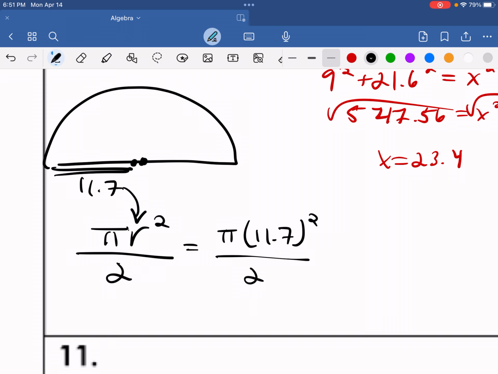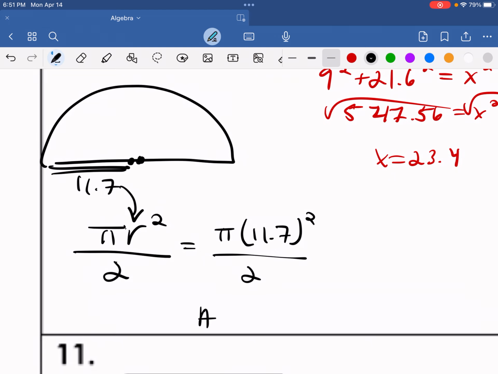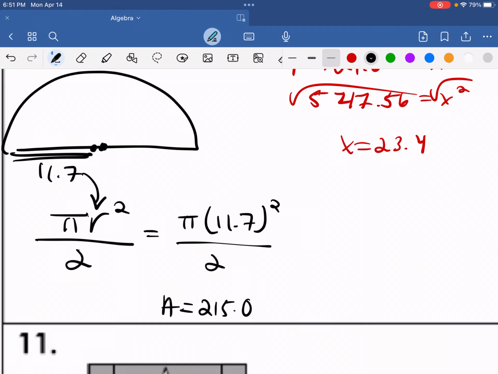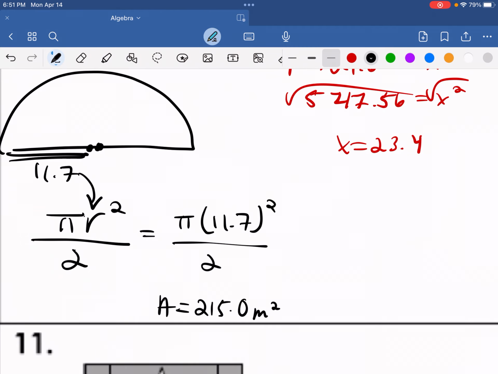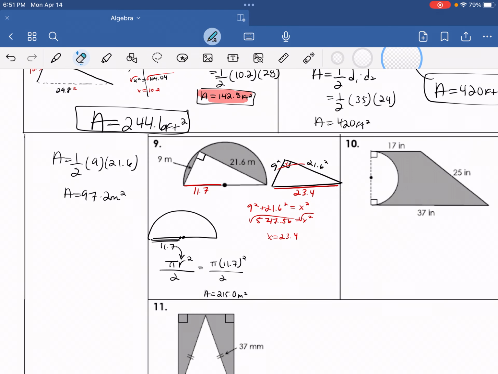Pi times 11.7 squared and divided by 2. And we get the area of the semicircle is 215.02. So I'll leave it at 215.0, and that's meters squared. And again, now you are subtracting.